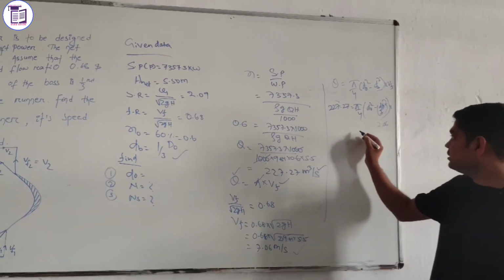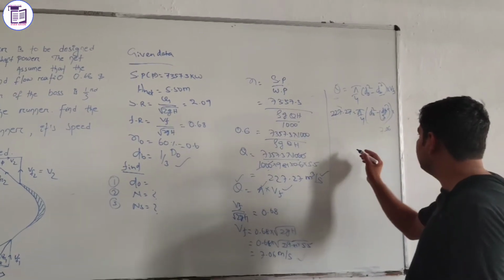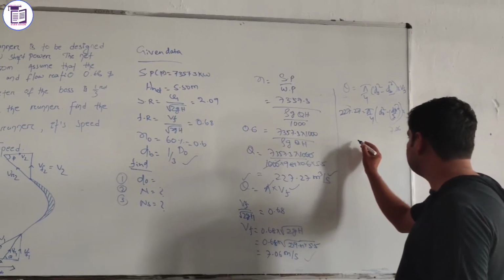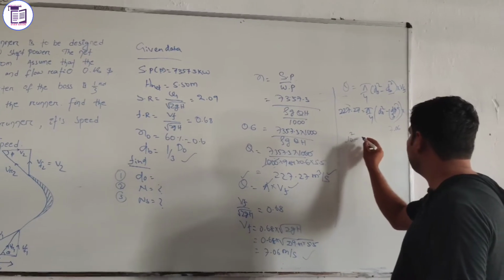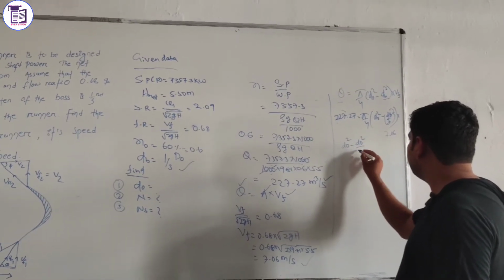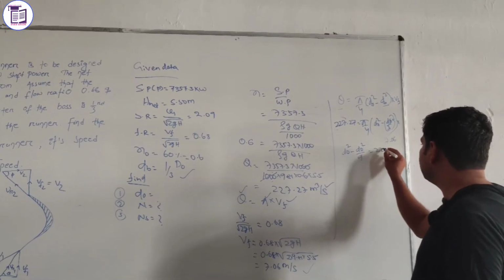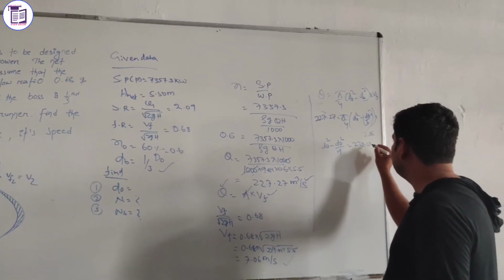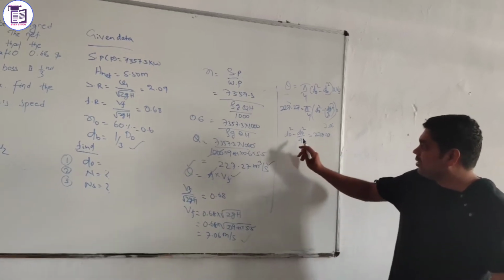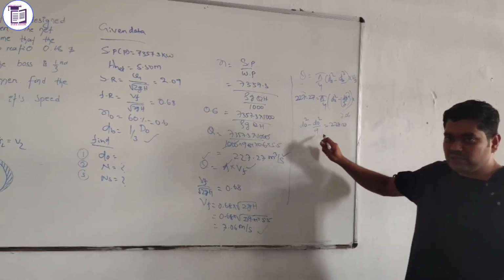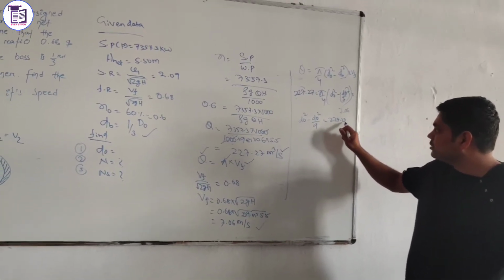Clear? Now using this relation we can find the DO value. Now put the DO value on one side. So DO square minus DO square by 9 is equal to 227.27.